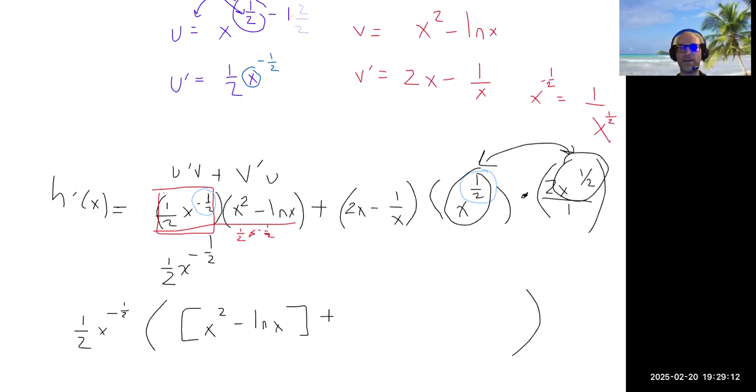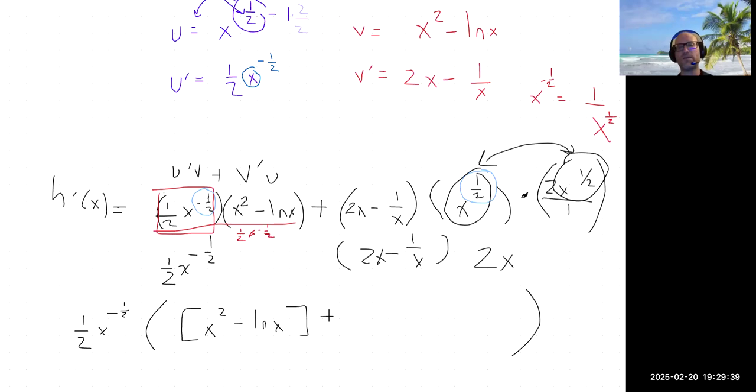Let's talk about what happened here. We just said that this reduced to 2x to the first power, right? Because the 1/2 added with the 1/2 equals 1. We don't really have to write that, so we can just leave it like 2x. And then this was 2x minus, and this was 1/x.